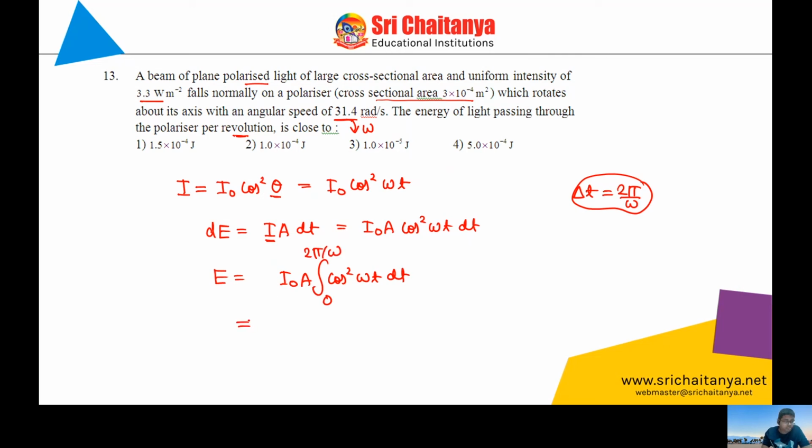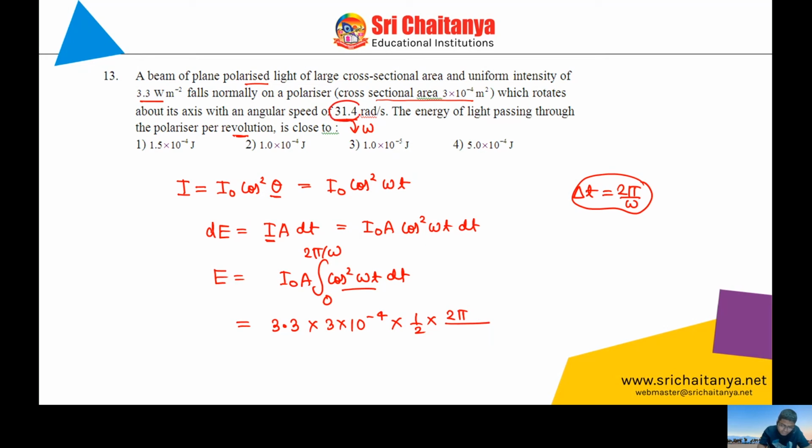And now let's substitute the values. I naught is given to us as simply 3.3 SI units, and the area has been given to us as 3 into 10 to the power minus 4, and the average of this integral is 1 by 2, integrated from 0 to 2 pi by omega. Let's substitute the value of omega also.